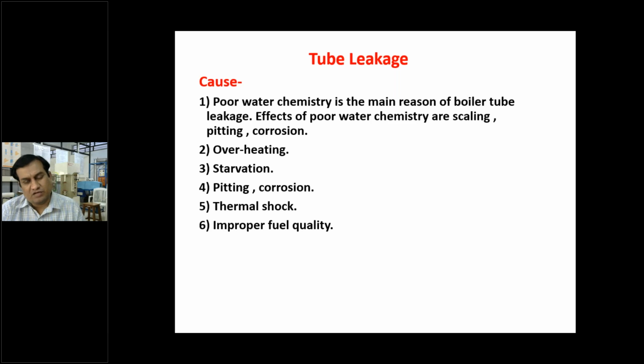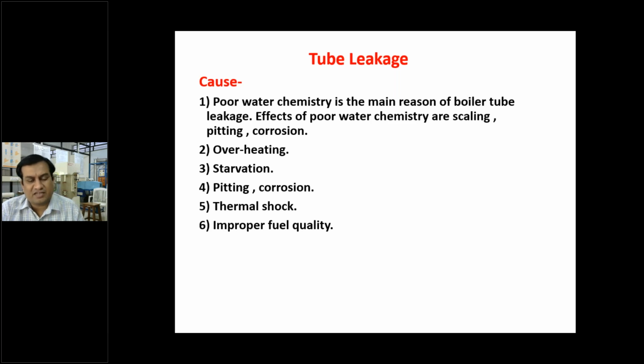Scaling, I have already discussed, is due to some impurities, and is also called fouling. Some dust or other foreign materials or other chemicals can form a layer that is called scaling, and after some time, with respect to parameters or temperature, that scale becomes hard.